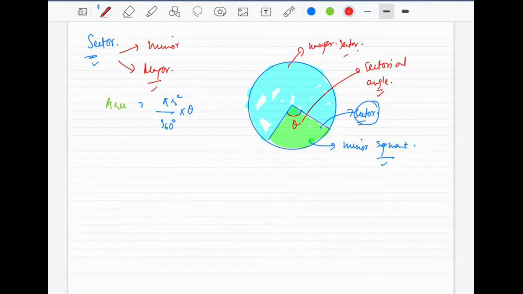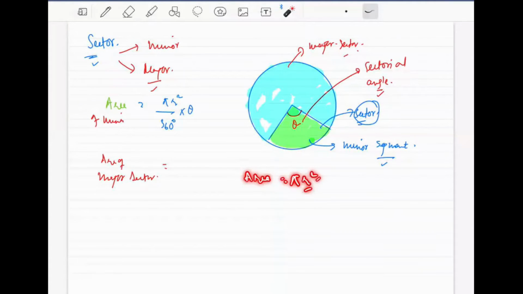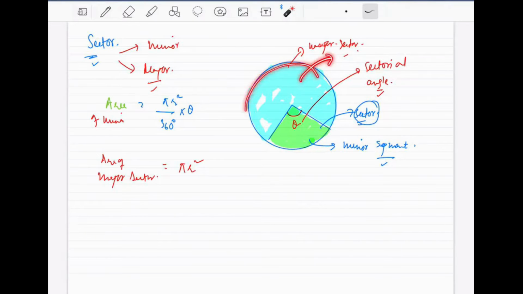If I want the area of the blue part, out of the whole, you have to cut off this part, so you have to subtract pi r square theta by 360.